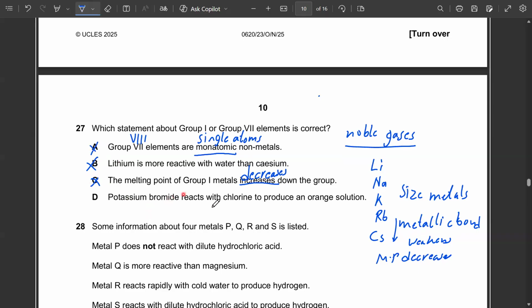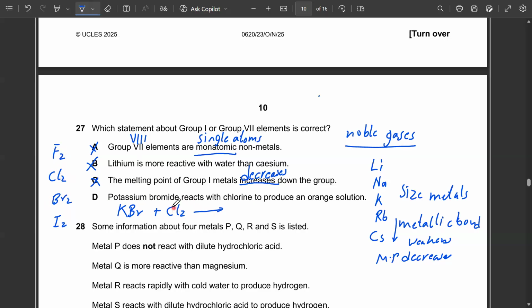Option D, potassium bromide reacts with chlorine to produce an orange solution. Potassium bromide, KBr, reacting with chlorine. We remember the reactivity of the halogens: F2 is more reactive than Cl2, which is more reactive than Br2, which is more reactive than I2. So chlorine can displace the elements below it.